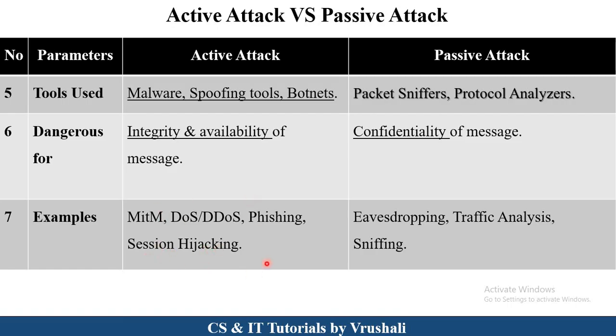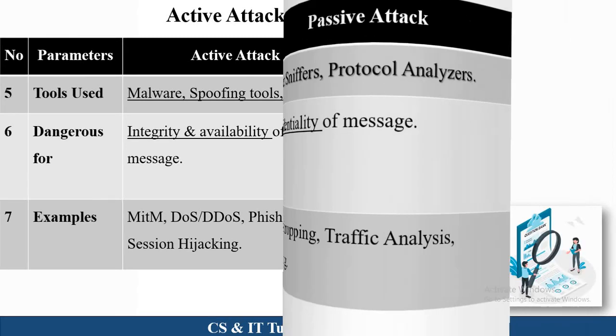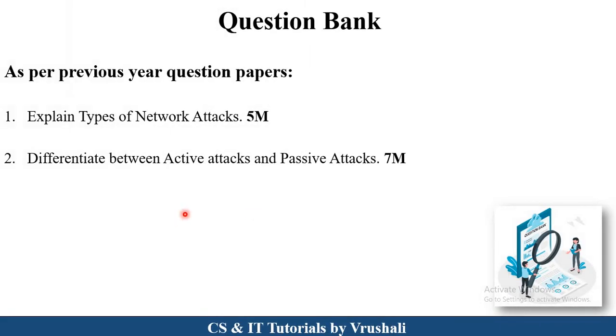Passive attack examples are sniffing, eavesdropping, and traffic analysis. So this is the basic difference between active and passive attacks. From your exam point of view, they mostly ask the difference between active and passive attack for 7 marks, and explain types of network attacks for 5 marks.